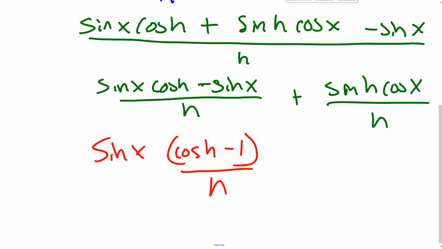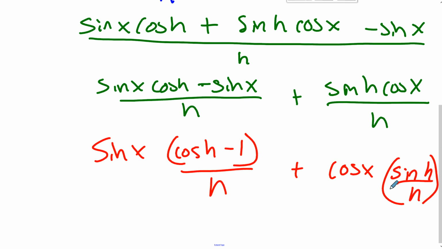And then this, I can do the same: sine h over h times cosine x, because in this section there's a couple of limit equations that they give us.